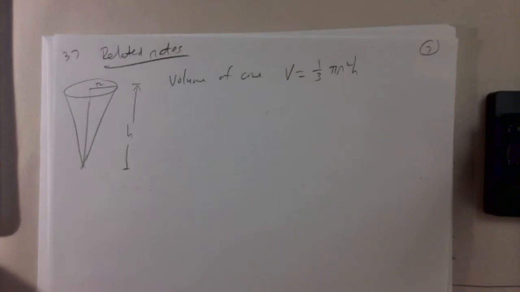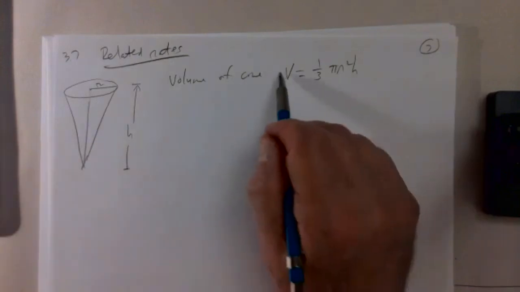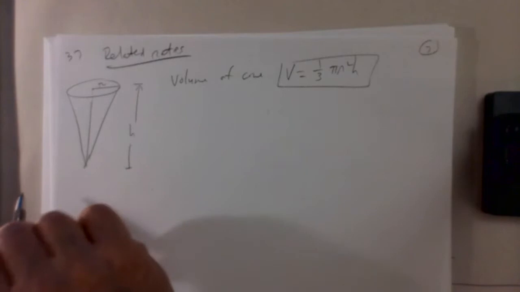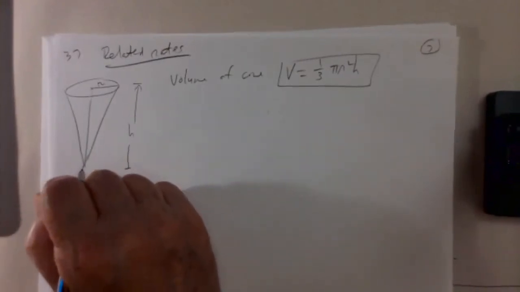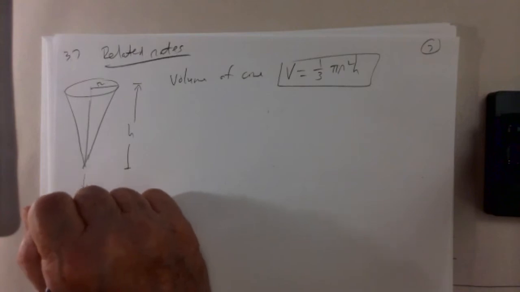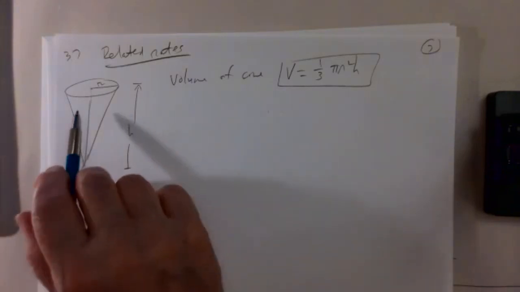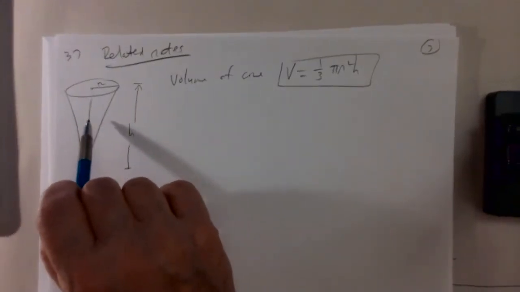And now you see it, so now you have to know it. And you can think of this cone as being filled with water, and then you put a hole at the bottom so water is flowing out. And you want to know what is the relationship between the amount of water left.